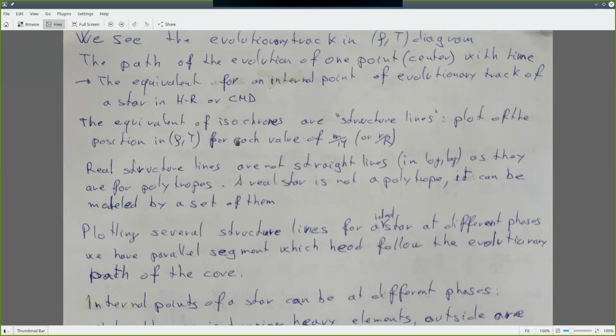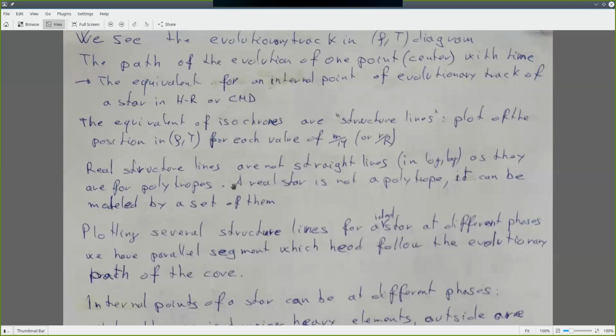In a star, we can take all the points, changing just the distance from the center, and see how each point is located in the density temperature diagram. It's the equivalent of the isochrone, more or less. We have structure lines that plot the position for each value of the mass over the total mass, or radius, mass up to this distance, and on time and radius.